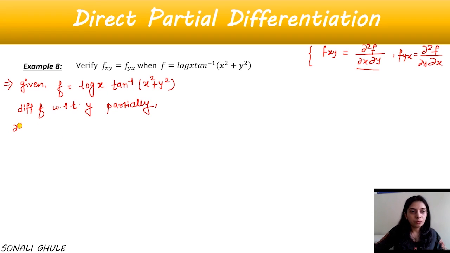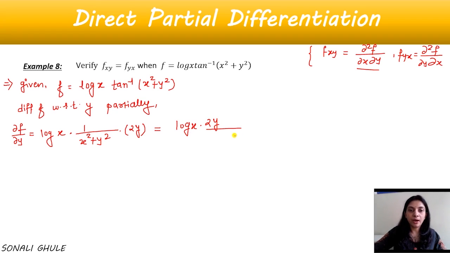So derivative of function with respect to y, keeping x constant: your log x will be constant here, and derivative of this tan inverse (x square plus y square) is 1 upon x square plus y square into, with respect to y, so it is 2y, right? Now simplify the term. It is log x into 2y upon x square plus y square.